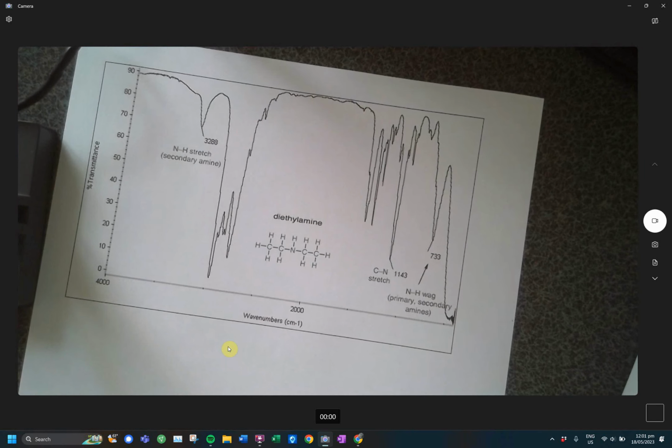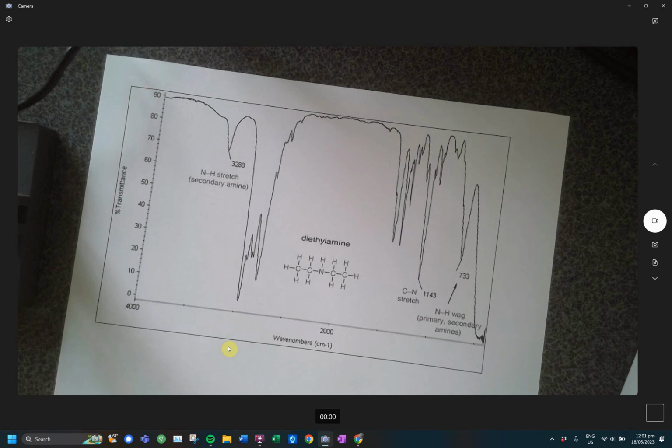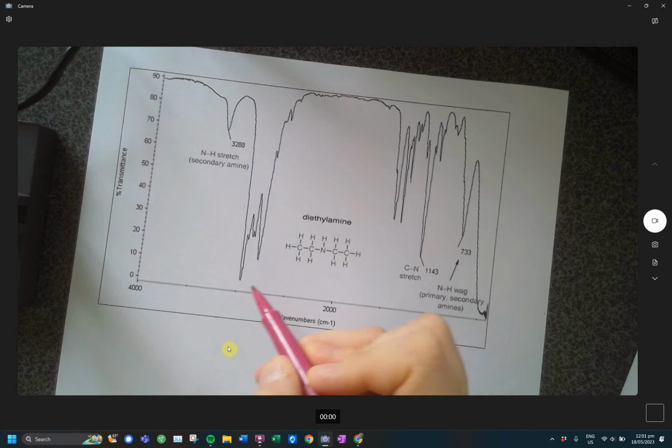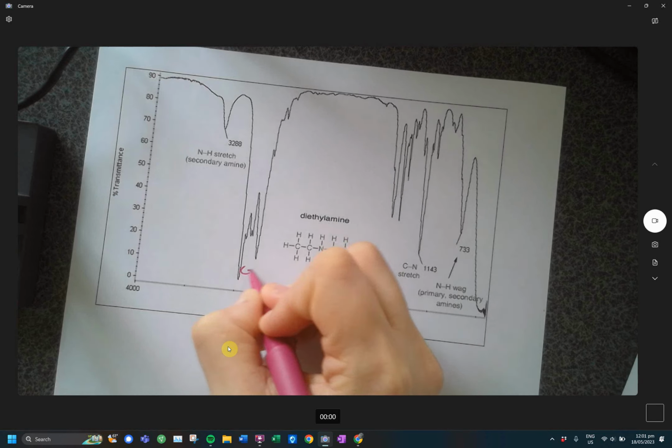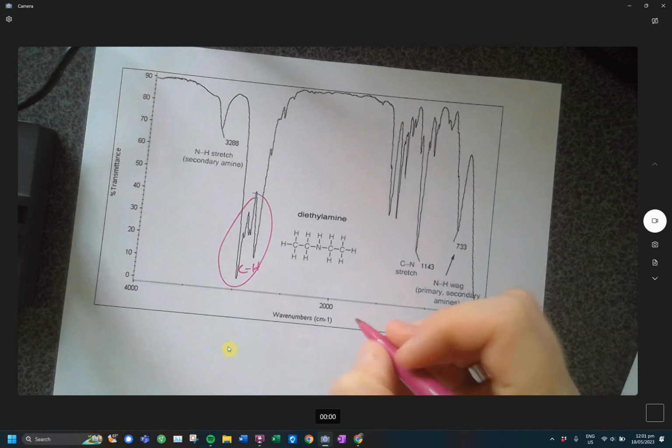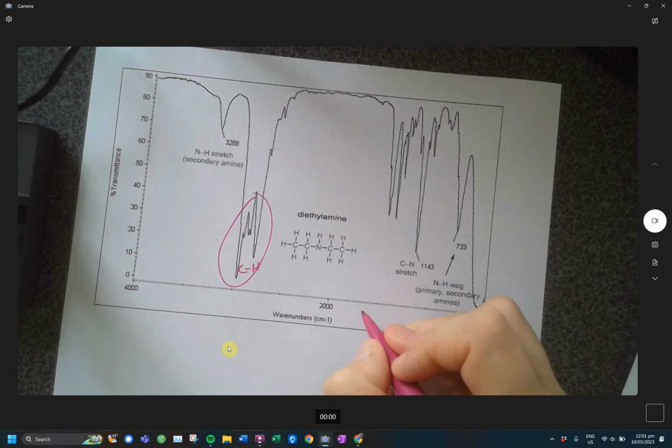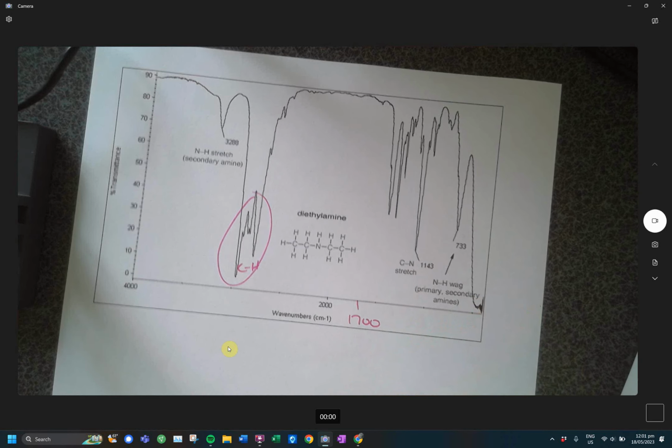And then these are my last two, and these two are really yucky because I don't like them, but they do come up. All right, so again, use the CH as our reference point and look at where 1,700 is. So 1,700 is probably roughly around there. And now we're trying to identify things from it.